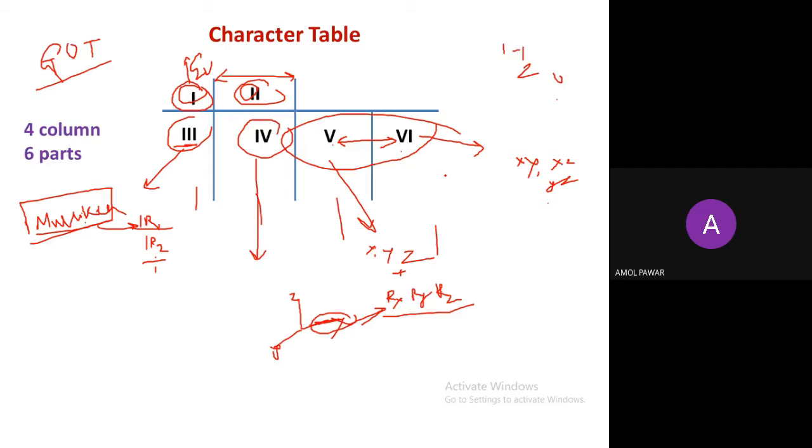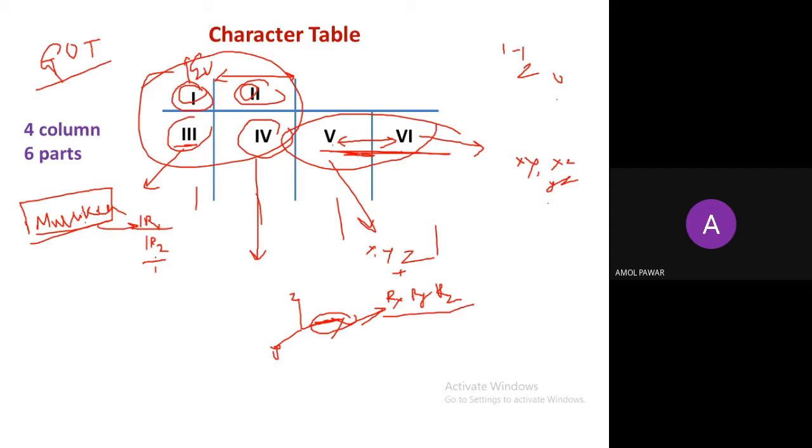So this is about the character table, parts 1 to 6. Now what we have to write in part 1, part 2, part 3, and part 4, today we'll discuss only parts 1 to 4. Forget about 5 and 6 today because this is part of application.